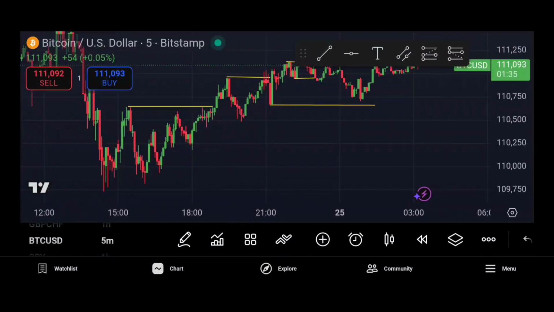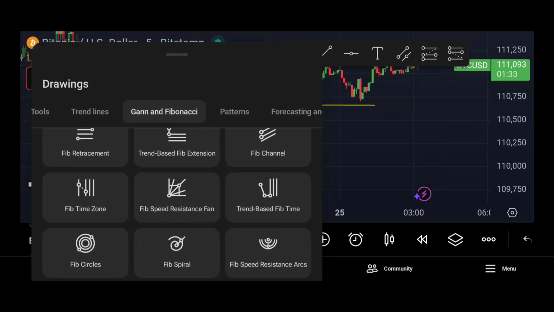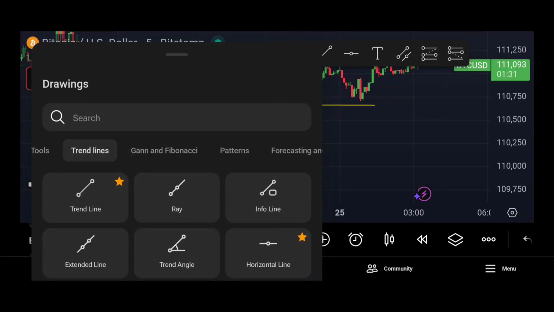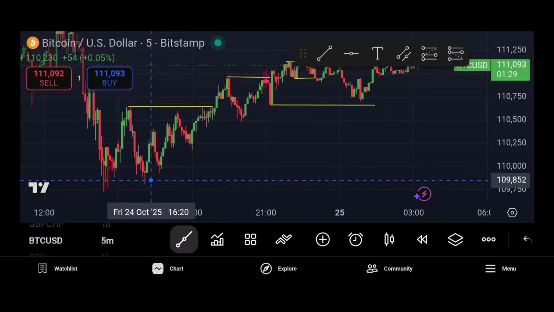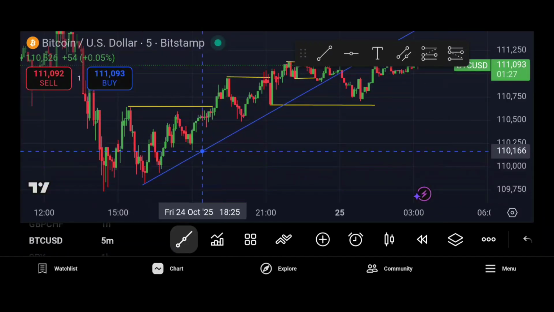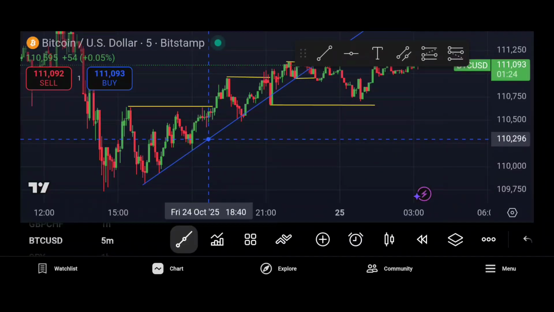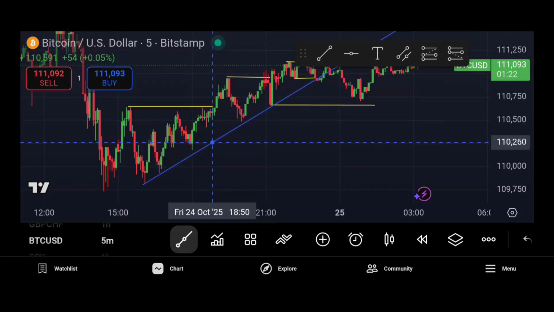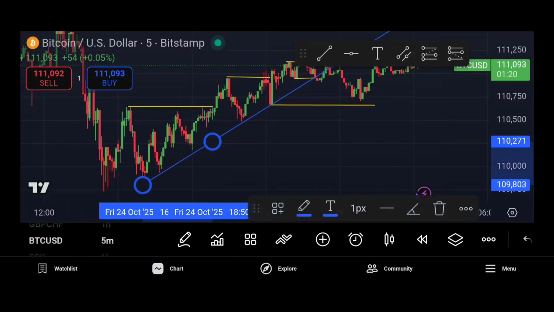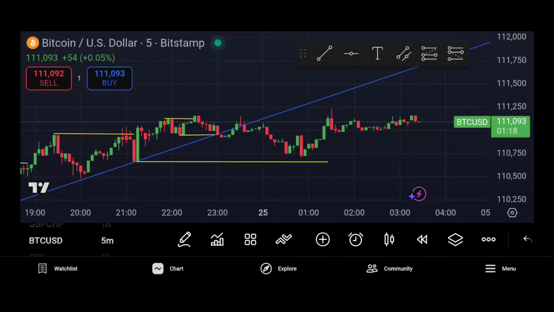So I think following the trend line, I misinterpreted that setup right there, but that's how I was supposed to trade it. But let me show you exactly what I did, because you can see the market was able to break that trend line.